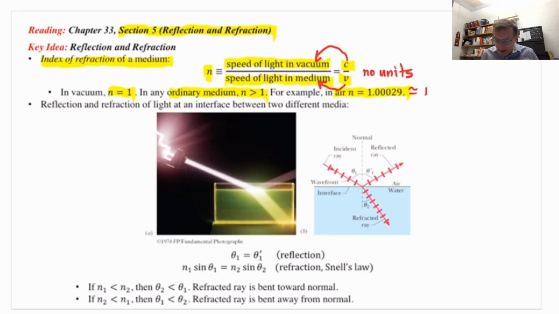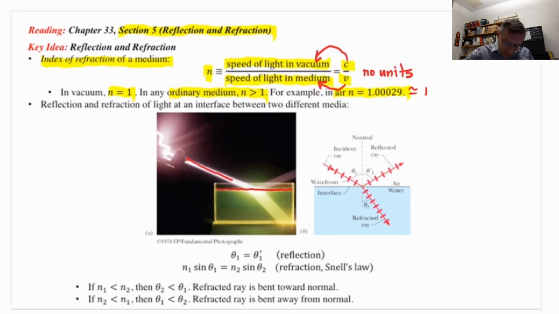Okay, so now let's imagine doing some experiments where we send in a light beam at an interface between 2 different media or materials. And that's what the photograph on the left is showing. It's showing a tank of water surrounded by air. So here's the interface right here between the water and the air. And we're going to send in light with this projector type object.